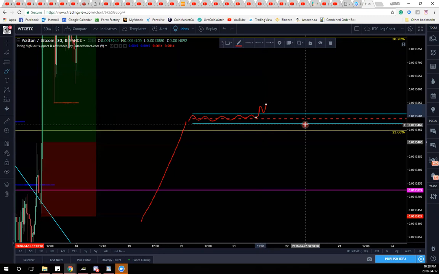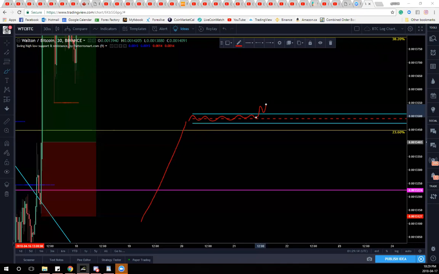If it closes in the parallel lines, it would be invalid. It would not be valid. If the candle closes back in the channel, the two parallel lines, it wouldn't be valid.